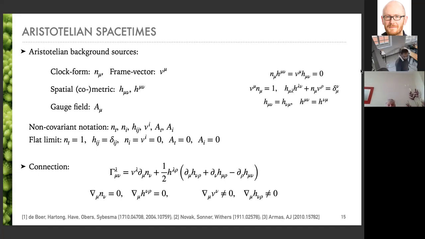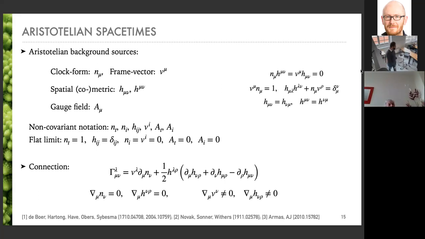Anyway, you can covariantize all of these objects, and essentially these independent fields that are listed here are equivalent to all the fields that I've put there, and they are the typical building blocks of Aristotelian, or as I mentioned, Newton-Cartan geometries. You have a clock form n_mu, you have a frame vector v^mu, you have a spatial metric and cometric, which importantly are not inverses of each other, because h_mu nu by itself is degenerate.